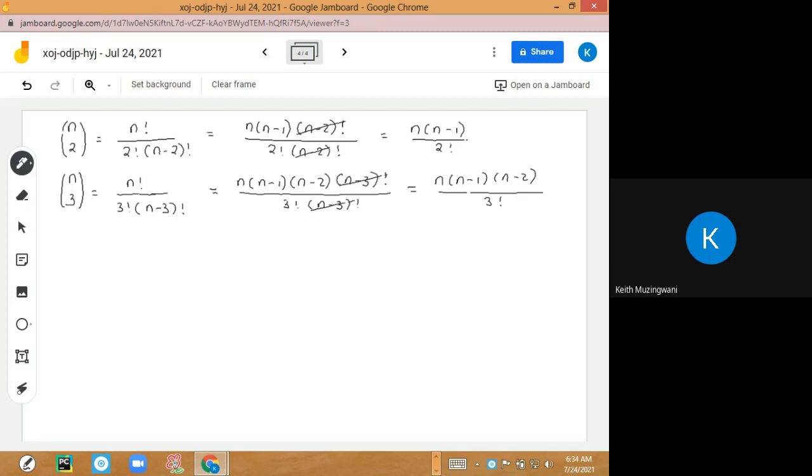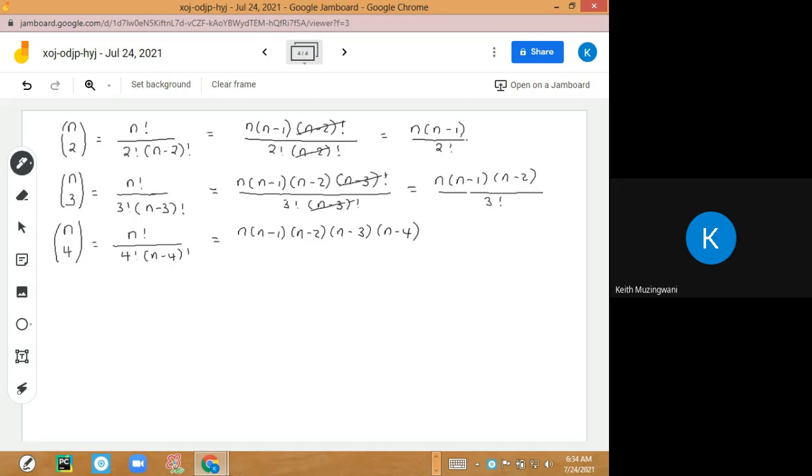But you understand that if we went as far as n choose 4, we could still find the value, because we are saying this is n factorial over 4 factorial n minus 4 factorial. So you get the numerator, reduce it, reduce it, keep multiplying.